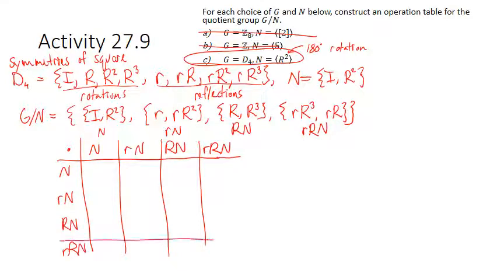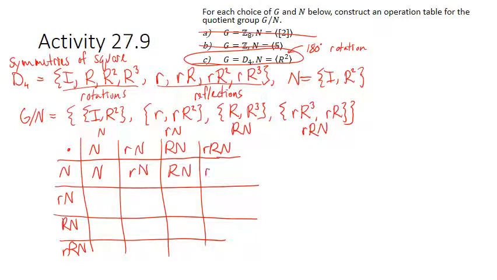It's a little bit sloppy, but oh well. Okay, so let's see what we get here. So n is always the identity coset. So when you're filling in that row and column, you can just copy it down. So I'm just copying these from the side because this is the identity row and column.